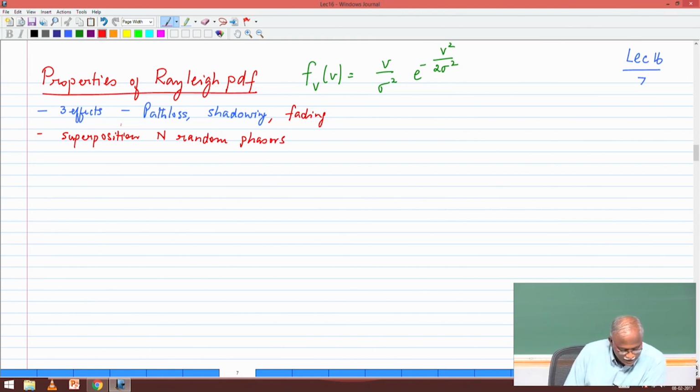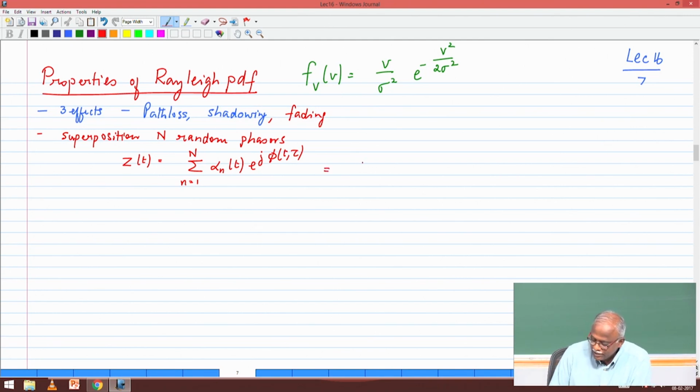So basically the channel z of t, we said, can be approximated as a summation over n equal to 1 through N. We are basically making the assumption that all the multipath components are arriving at the same time: alpha n of t e power j phi of t comma tau, all of them have got the same delay tau.